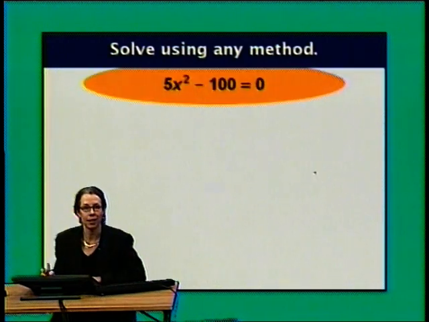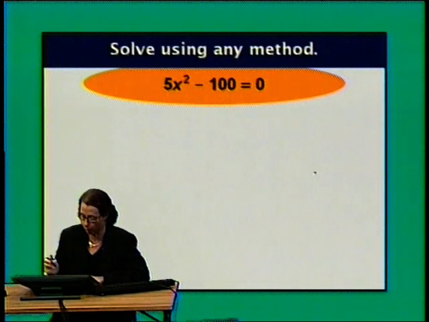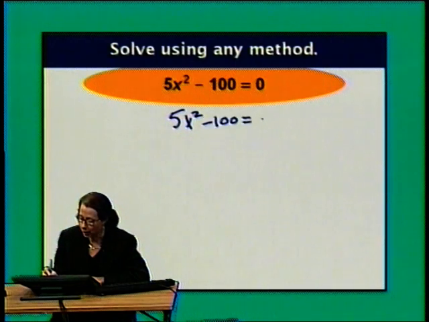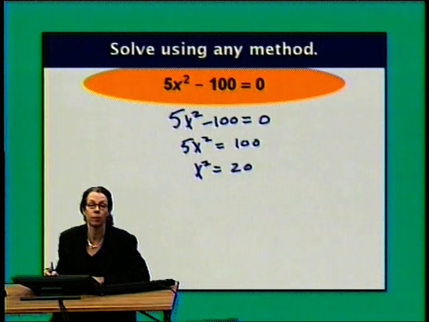Here's another one. Now in this situation, there is no linear term. I could isolate the x squared, and I'm going to do that. I'm going to use solving by the square root property. So to isolate x squared, I'm going to start by adding 100 to both sides, then dividing both sides of the equation by 5. 100 divided by 5 is 20.